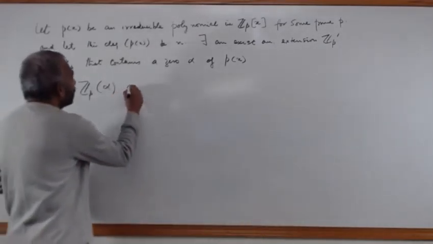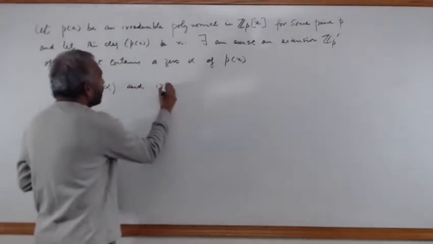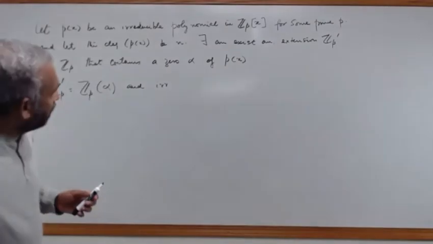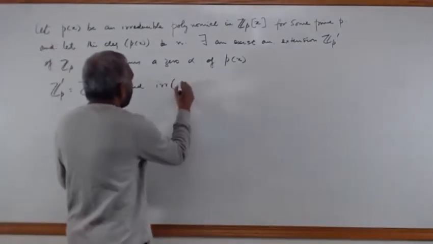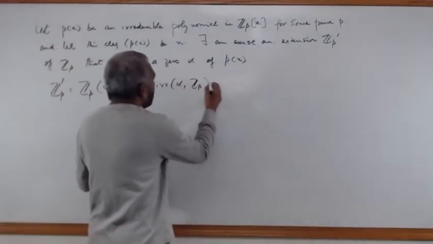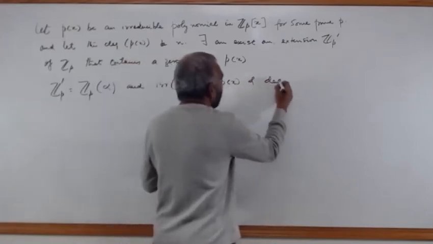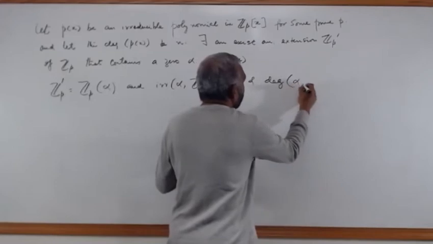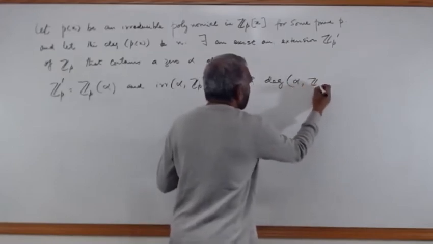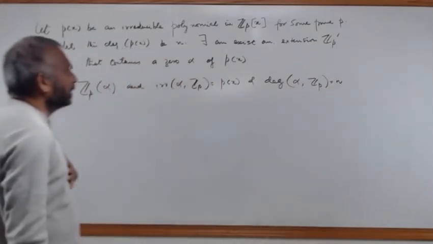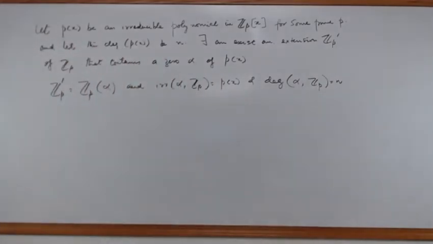And the irreducible polynomial of alpha over Zp is p of x, and the degree of alpha over Zp is equal to n, because the degree of the irreducible polynomial is n. What does that mean?